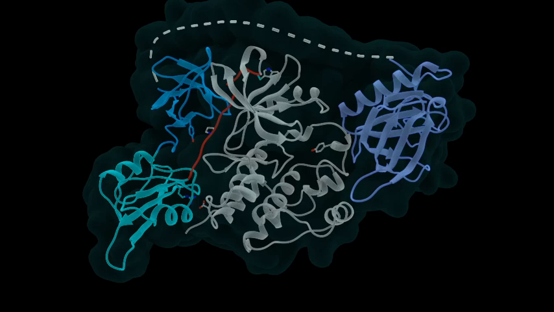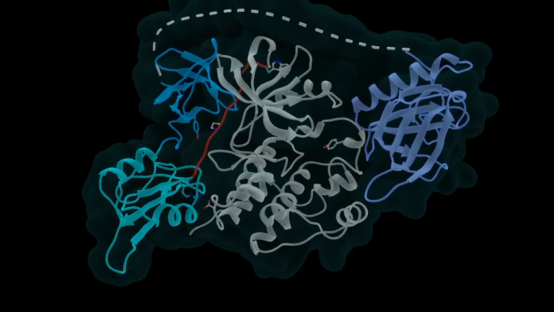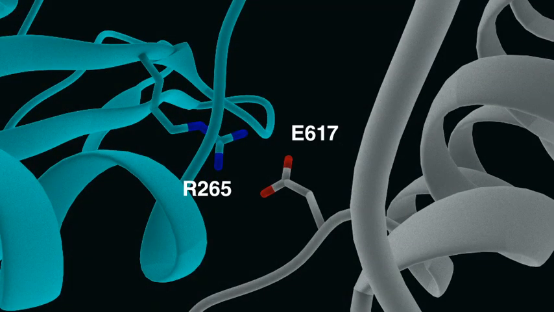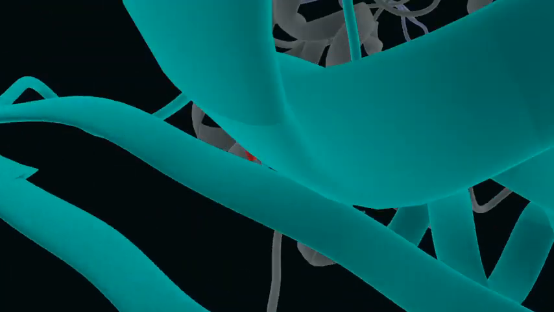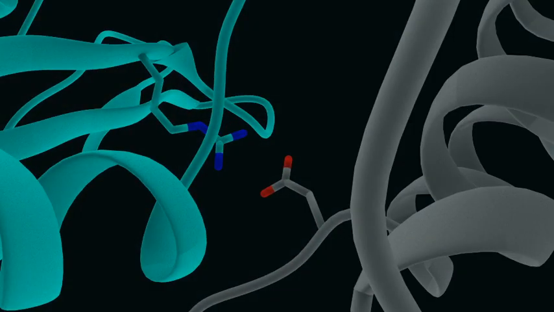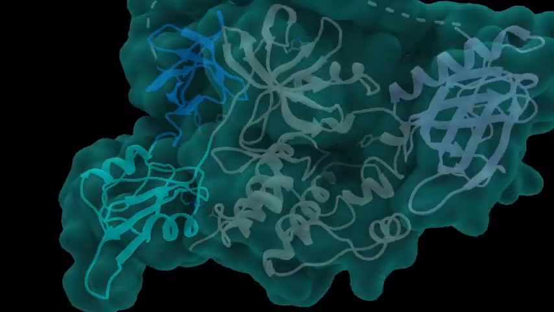In the absence of this interaction, it has been unclear how ITK autoinhibition is mediated in this region of the protein. We have identified a conserved salt bridge between arginine 265 and glutamate 617 that mimics the Src regulatory interaction. Glutamate 617 at the very end of the kinase domain locks the SH2 domain into its autoinhibitory pose, and mutation of glutamate 617 or binding of a phosphotyrosine-containing ligand to the SH2 domain will activate the kinase.